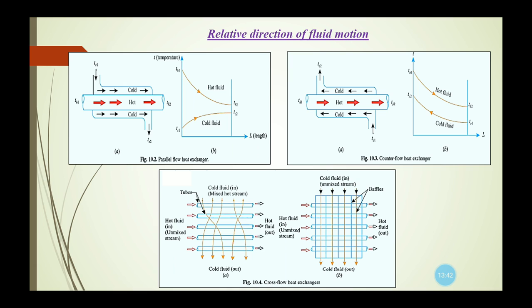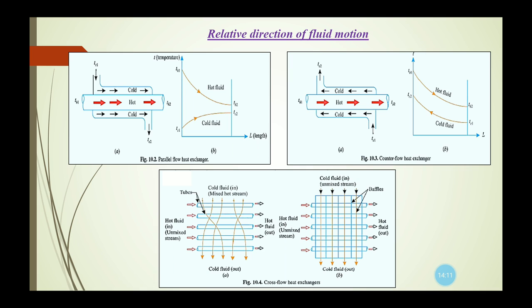Due to their counter flow nature, these heat exchangers give the maximum rate of heat transfer for a given surface area, and for this performance, such counter flow heat exchangers are mostly favored for heating and cooling of fluids in daily life.